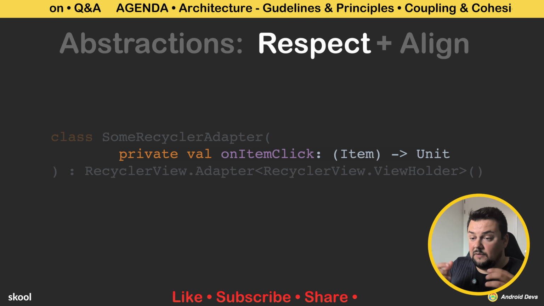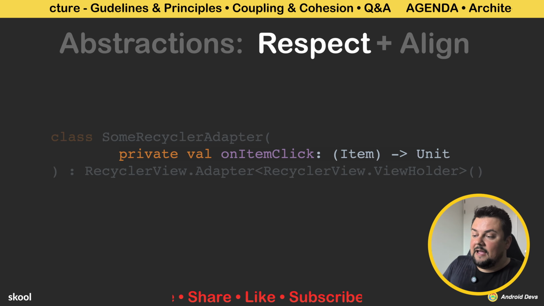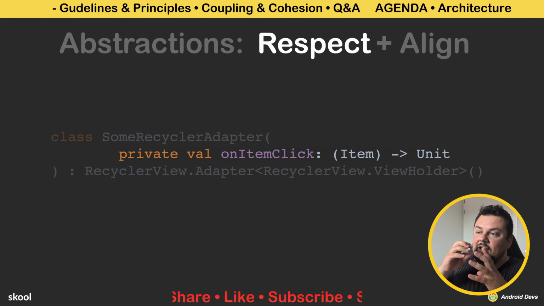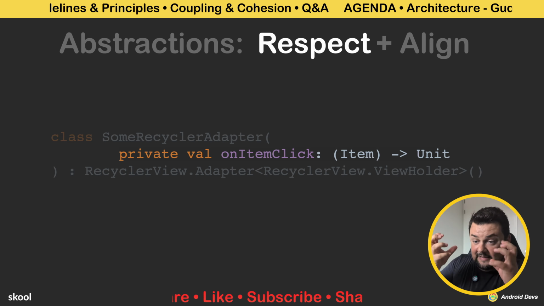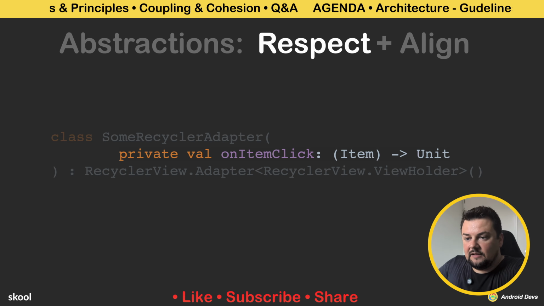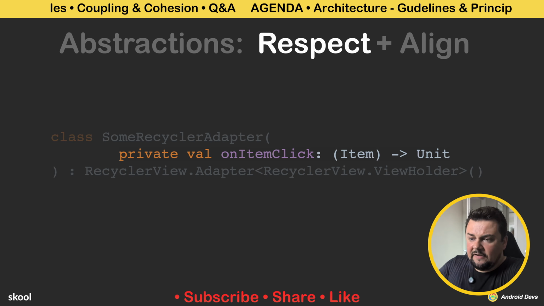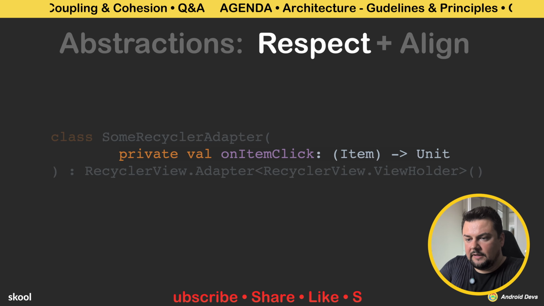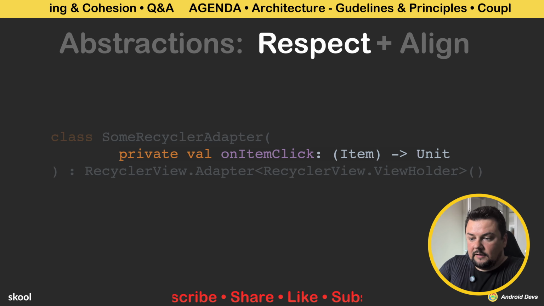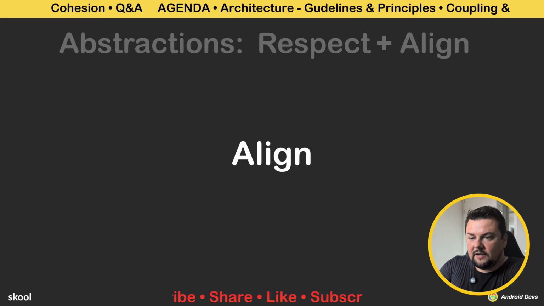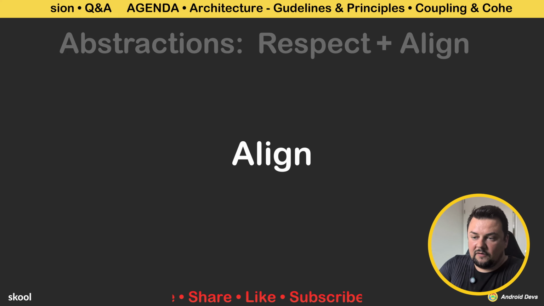Then whoever owns or operates this adapter, let's say a fragment or activity or some UI controller, will get that callback and then proceed with that data, or that action, down to the levels of the architecture. And again, that would be about respecting.